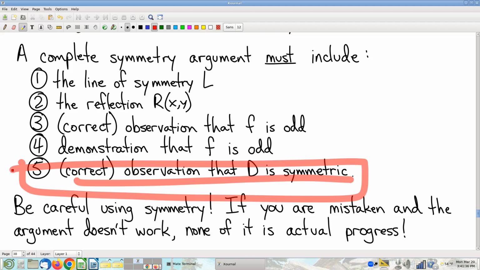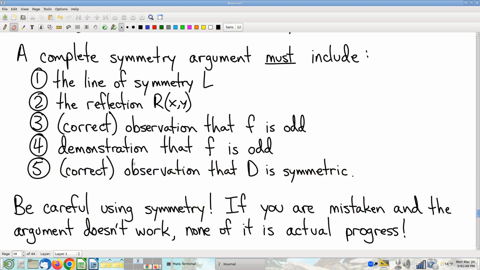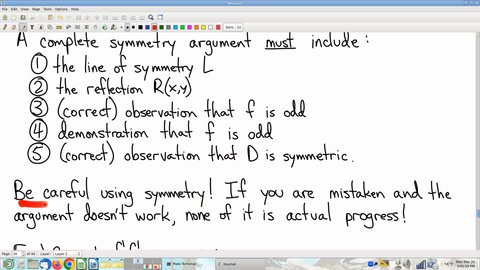Again, if it's true, it's usually pretty clear, and I'm willing to trust that you have the proper intuition for it. No argument required for demonstrating that. Okay, but do be sure to give me all 5 of these points. I've already made the following point here, but let me do it again. Be careful when you're using a symmetry argument.